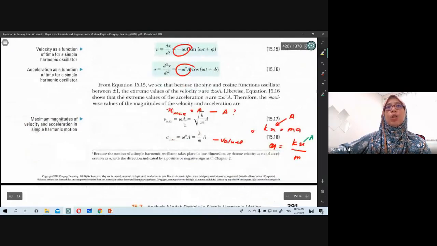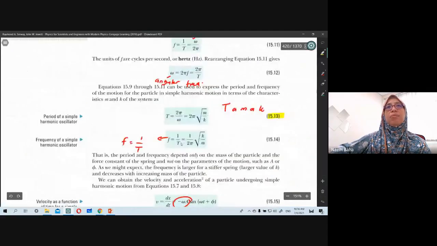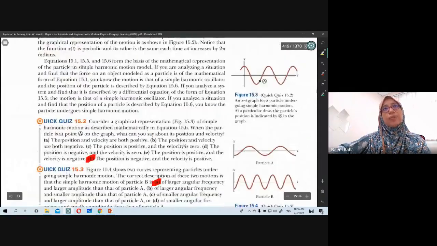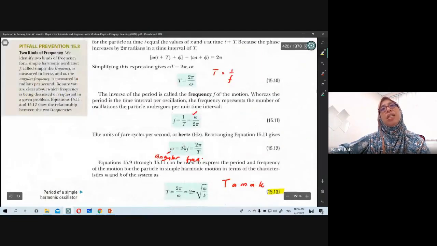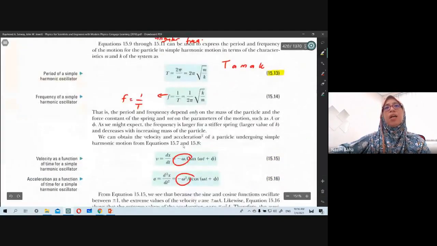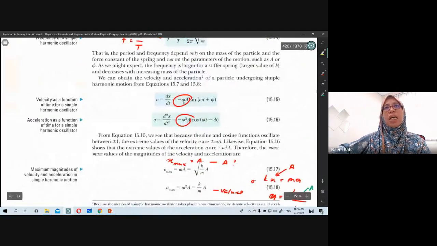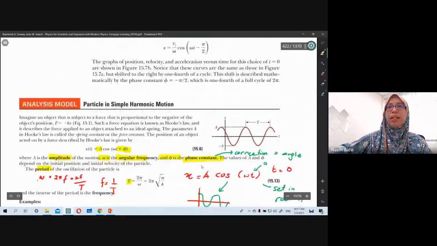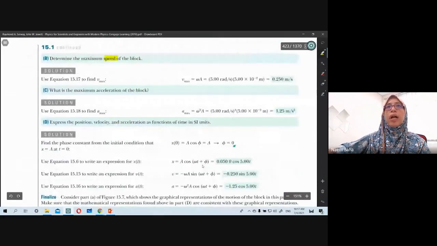It actually comes from the derivative of the expression x, dx/dt, right? So A omega is the maximum speed, A omega squared is the maximum acceleration. All right, now let's get back here. Remember yesterday, the other day, I did mention that the negative will be omitted? Yes. So this is the reason why.